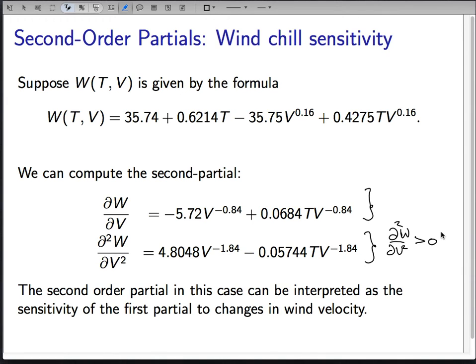So if you held temperature constant and just looked at the cross-section of the function with respect to v, that part of the function should be concave up. Similarly, if that second partial were negative, then the function w, if t were held constant and you were just looking at a cross-section, would be concave down.